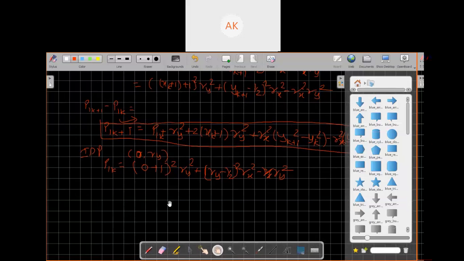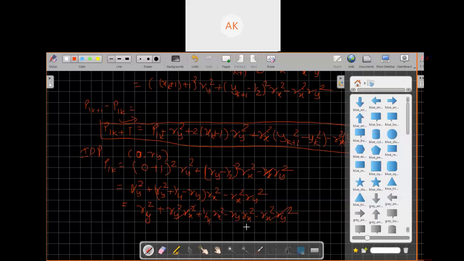Just again simplify this, which is 1 into ry², which is ry², plus (ry² + 1/4) multiplied by rx², minus ry rx², minus rx² ry². This is ry² rx² plus 1/4 rx² minus ry rx² minus rx² ry².